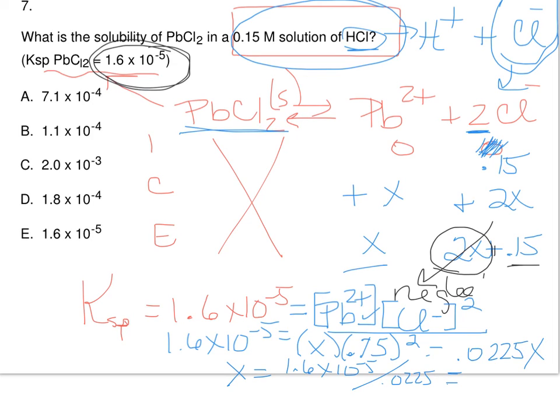So 1.6 times 10 to the minus 5 divided by 0.0225. And so x is 7.1 times 10 to the minus 4 molar. That is the solubility of lead chloride in water.